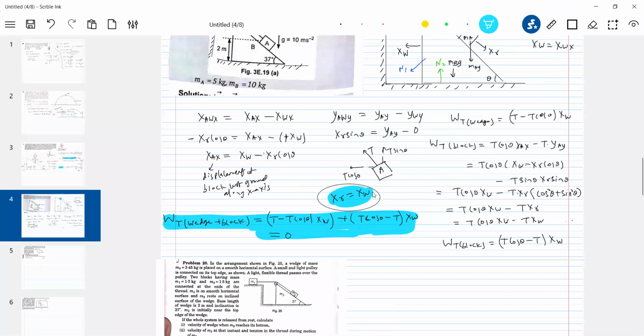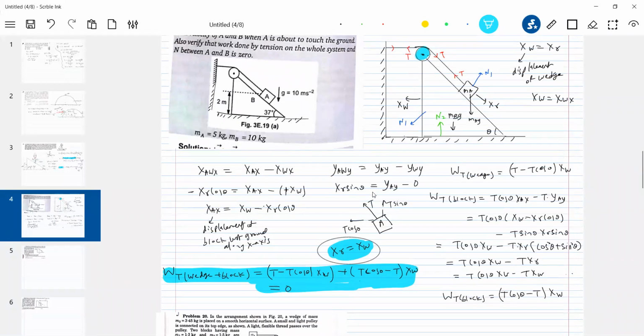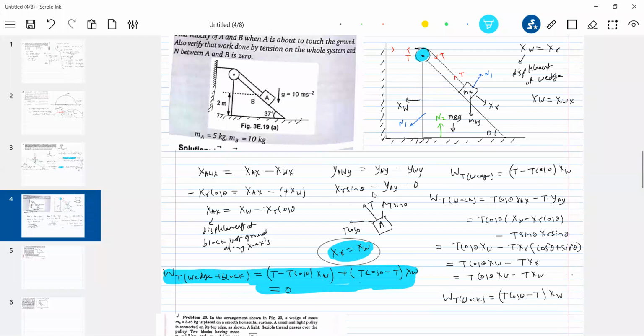The complete description of the problem, what all we did, it's here. The conventions you have to be a little bit careful, positive, negative. Some students will take towards right as positive. So here I took this as positive, fine, and downward as positive. So here, rather, for displacements only.